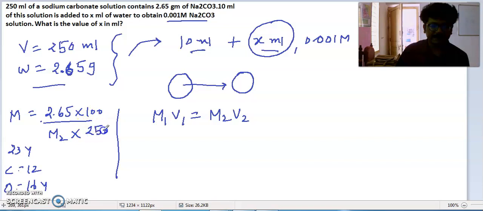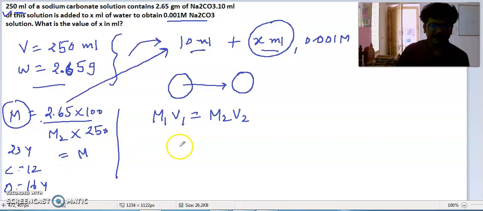Please do not take 10 ml here, because when you are finding the molarity of the solution, you have to use the total volume. Now from these 250 ml of this molar solution, you are just pipetting out 10 ml. You are just taking 10 ml of solution from it.